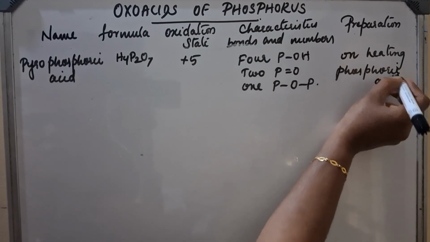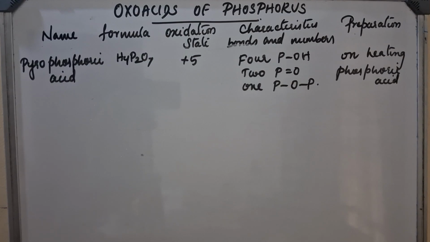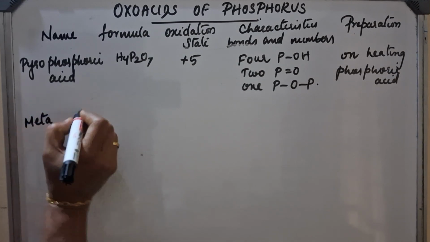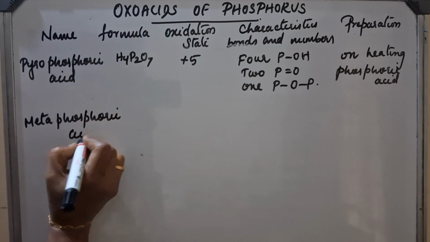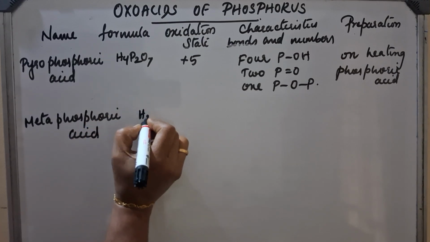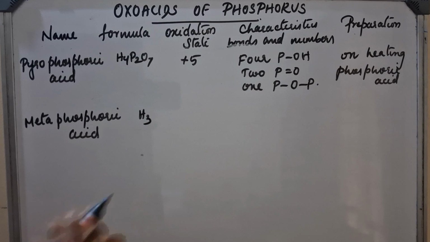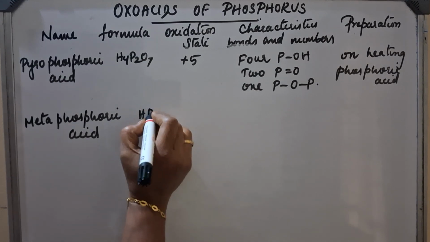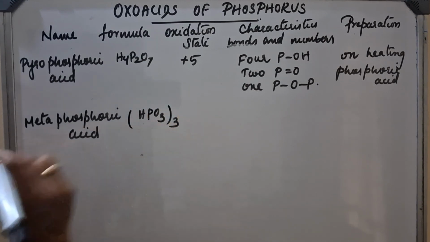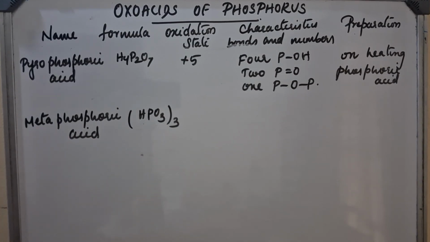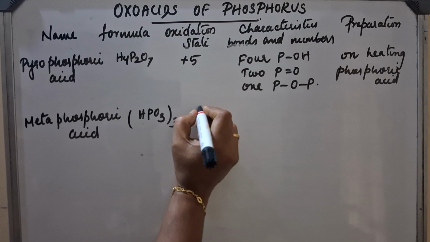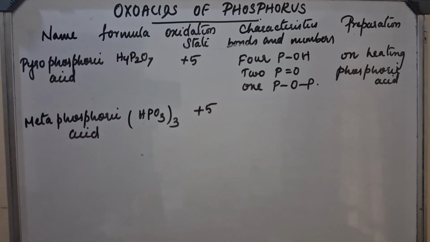Now, metaphosphoric acid. It exists in the polymeric form only. Its formula is (HPO3)3. See the difference. Phosphorus has the oxidation state +5.